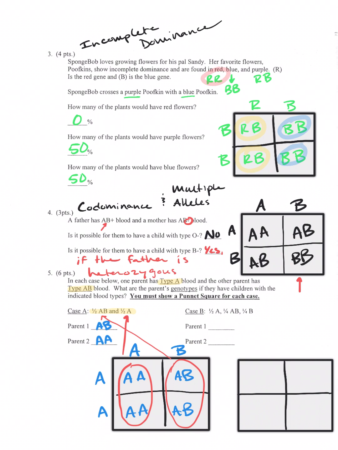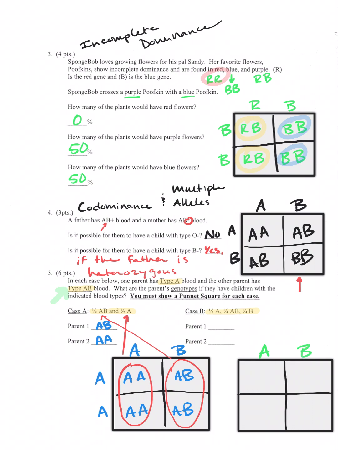In the second case, we're looking for parents that have offspring with the following genotypes. They should have half A, a quarter AB, and a quarter B. We know that one of the parents' genotypes is AB because that was told to us at the beginning of the problem. And so we're going to put that on one side of our Punnett square.